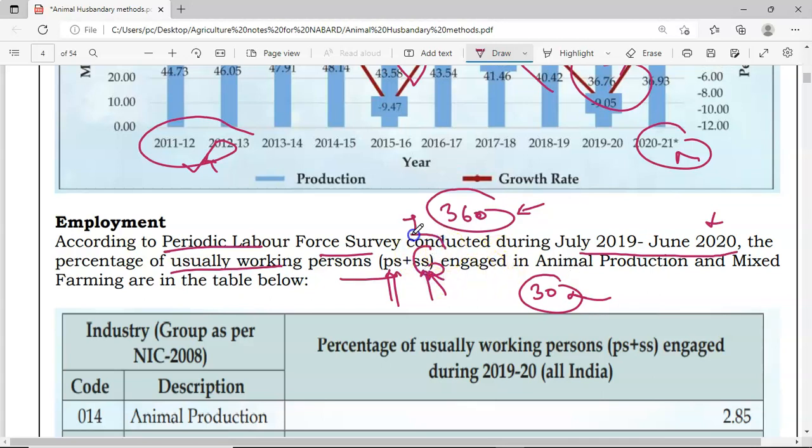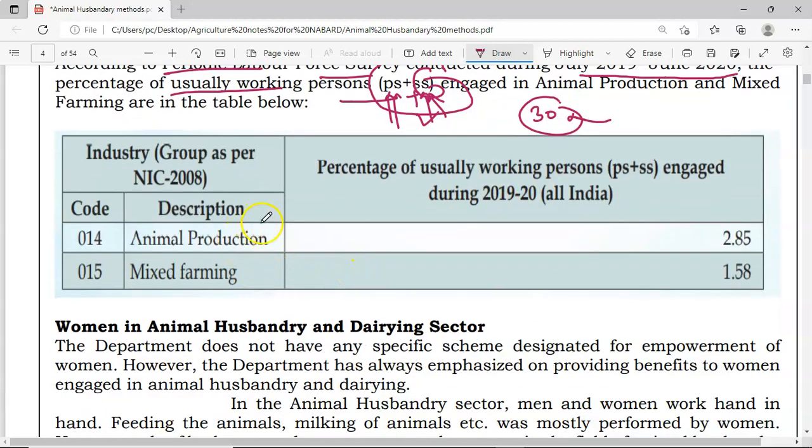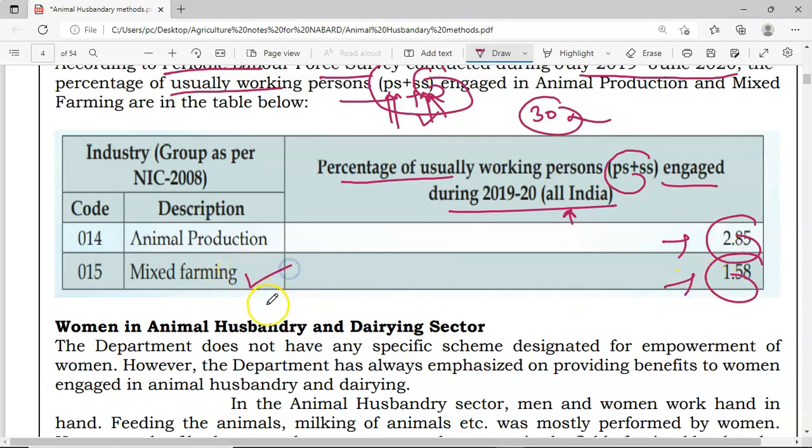So in this employment generation, this Periodic Labour Force Survey has taken this PS and SS together. According to this survey, the percentage of usually working persons, that is PS and SS, engaged during 2019 and 20 all India, it is 2.85% and 1.58%. 1.58% were involved in mixed farming and 2.85% were involved in animal production.